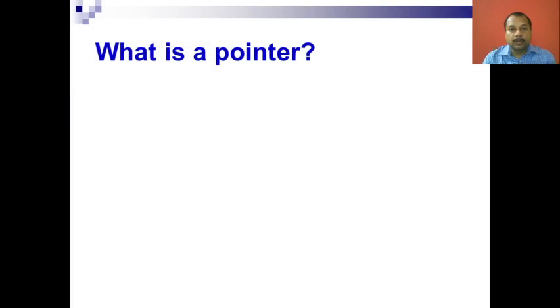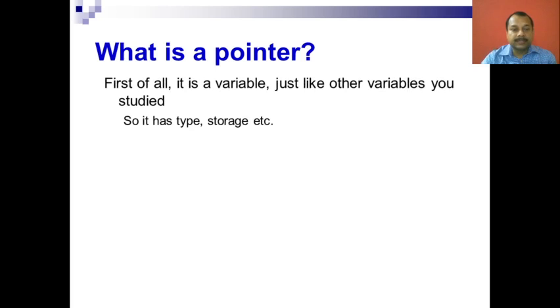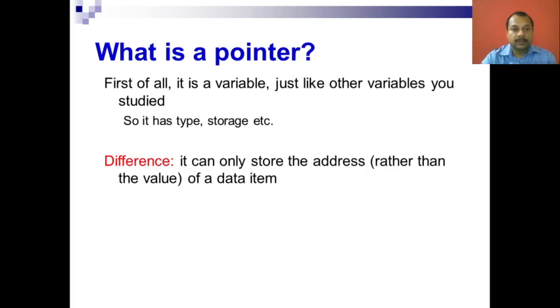So first of all, what is a pointer? So pointer is basically an address or location. So it is a variable just like other variables you studied. So it has type, storage, etc. How is it different from other variables?